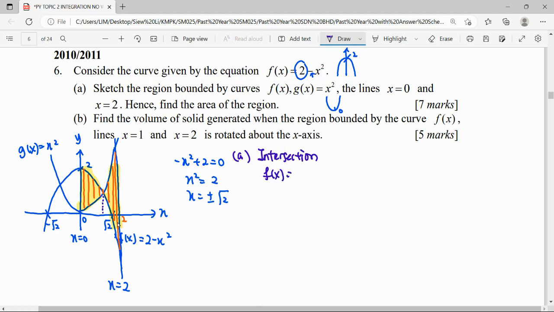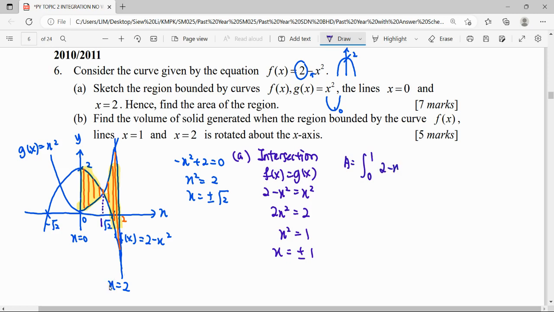When f(x) equals g(x), x can be positive 1 or negative 1. This is in the first quadrant, which means the intersection point is positive 1.